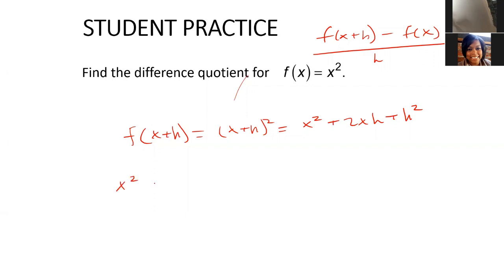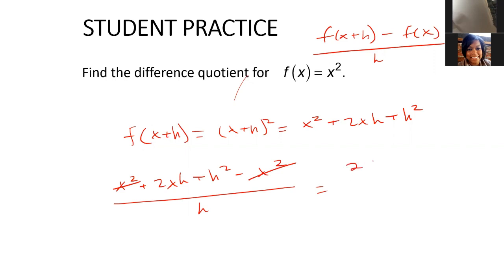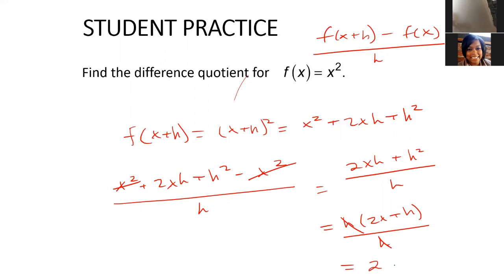So we have x squared plus 2xh plus h squared minus x squared all over h. My x squareds are going to cancel out, and I'm left with 2xh plus h squared all over h. I can factor out an h, so I have h times 2x plus h, all over h, and my h cancels out, and I'm just left with 2x plus h.